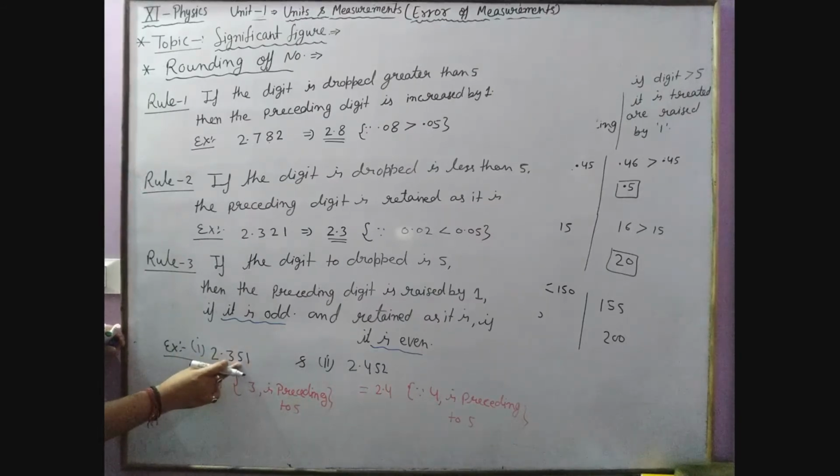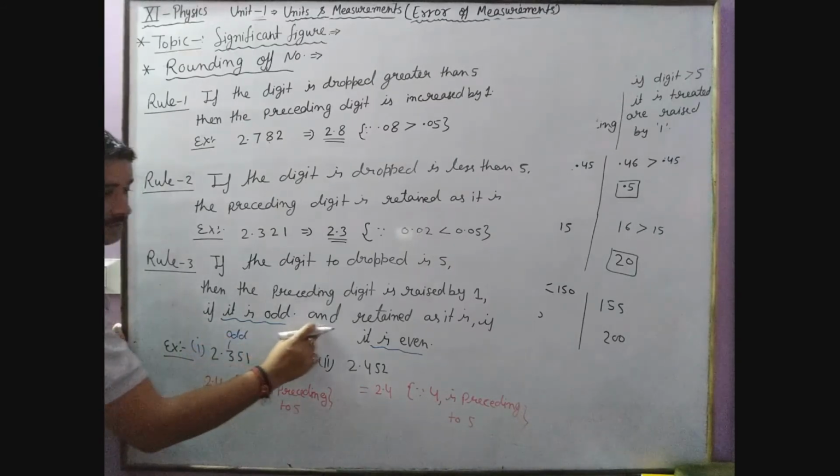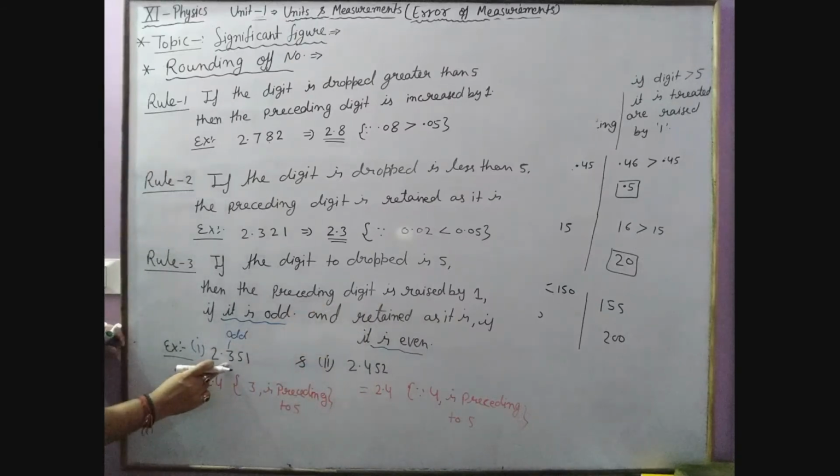We want to drop this 5. So we find here before 5 we have 3, and according to rule, if the preceding digit is odd, as 3 is odd, so we can raise it by 1, which means 3 plus 1 is 4. So we get this result.